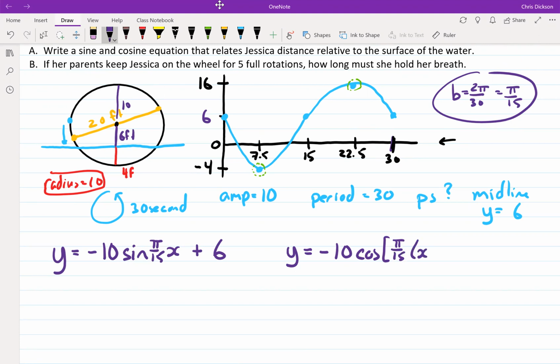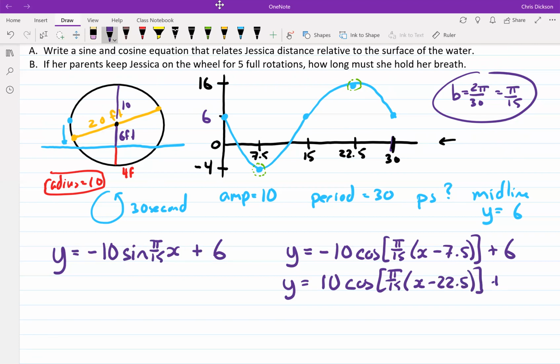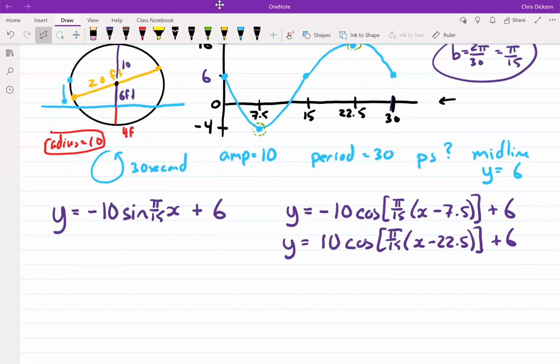Now I'm going to the right, so minus 7.5 in brackets, and then the same midline. If I use the high point at 22.5, you take a positive 10 cos pi over 15, but now I have to go x minus 22.5, close the bracket, plus 6 here. Now, to answer any kind of mathematical question, I'm going to use the sine equation because it's just easier without the phase shift. So let's do that then.